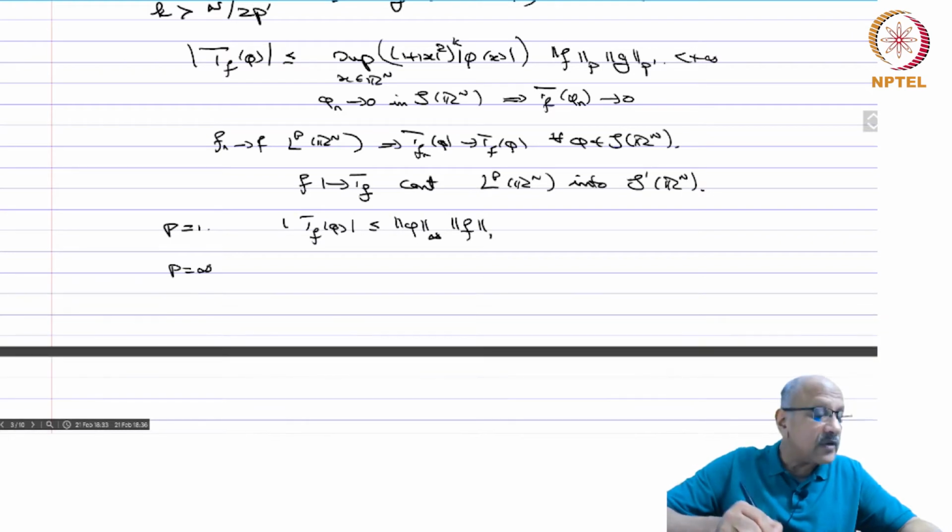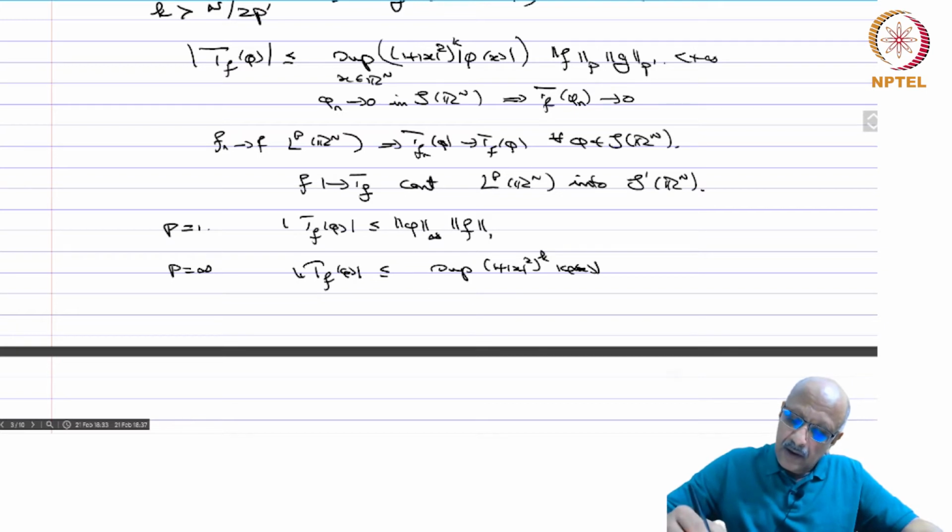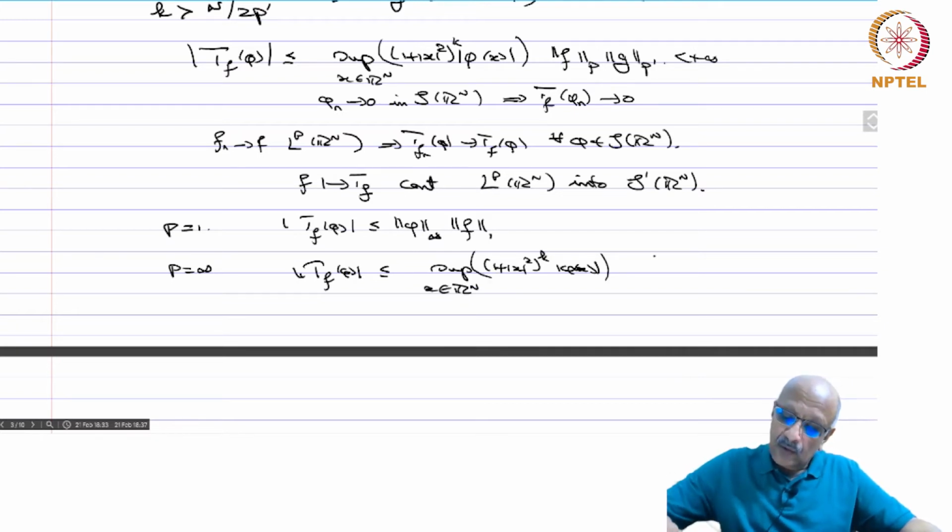And if p equals infinity, you have |T_f(phi)| is less than or equal to the sup over x in R^n of (1 + |x|^2)^k |phi(x)| times the L-infinity norm of f and the L1 norm of g, where k is now greater than n by 2.